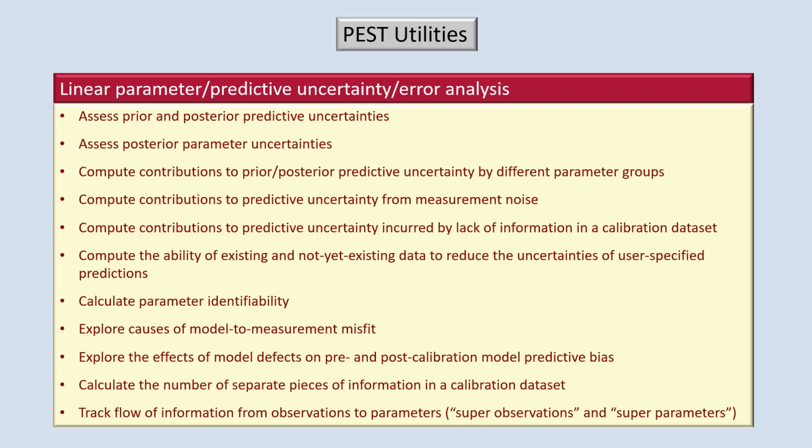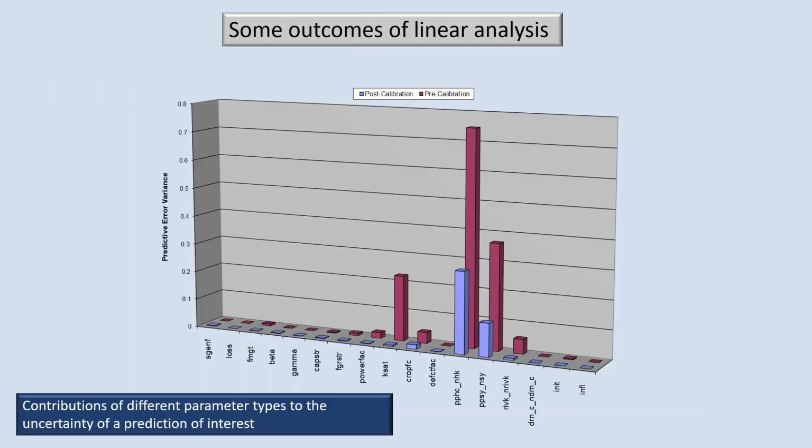Linear analysis based on sensitivities can be used to explore the reasons for model-to-measurement misfit. They can be used to track flow of information from observations to parameters. They can be used to draw graphs like this. The back row is the contribution made by different types of model parameters to the uncertainty of a critical model prediction.